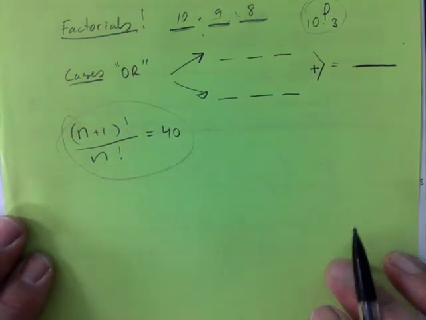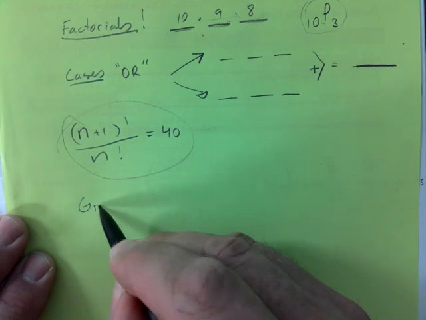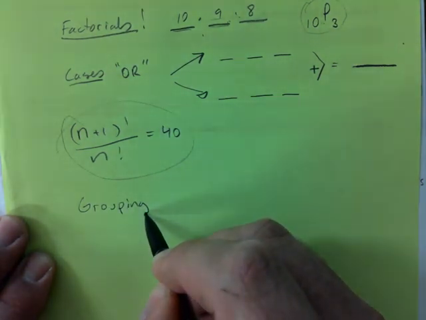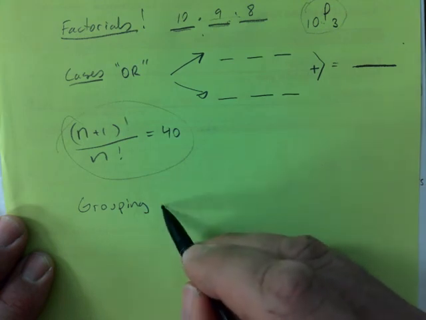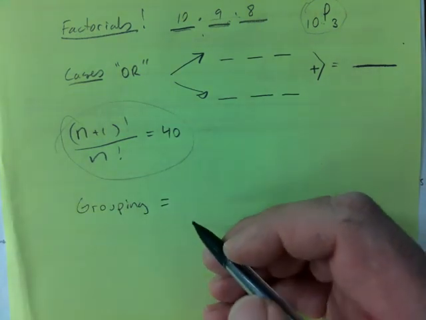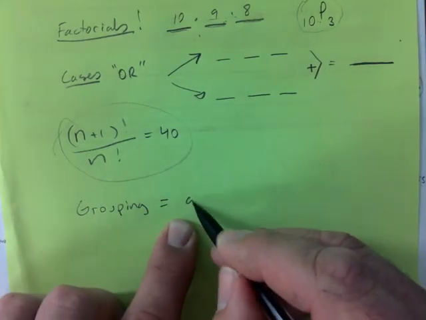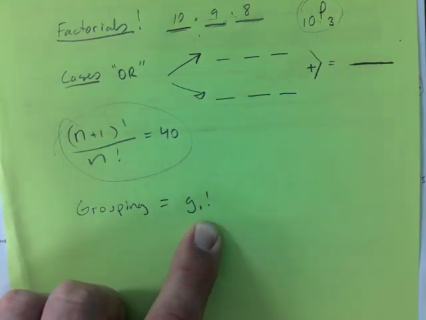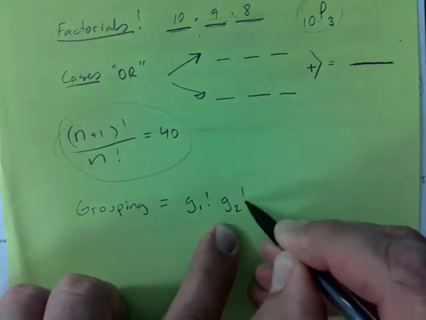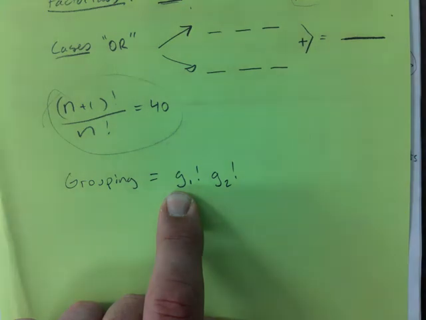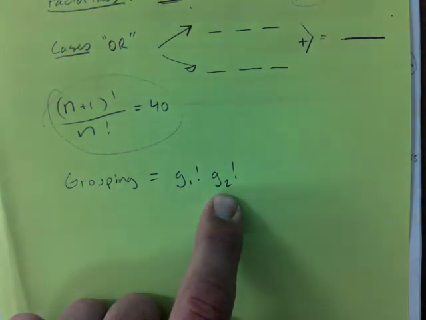And then yesterday, what did we start talking about? Do you remember grouping? Did you do some of that work? I hope so. But in a sense, I gave you a formula, which I will just show you. But basically, you take G1 factorial, G2 factorial. So however many groups there are, so let's say there are groups of 3, groups of 5, whatever.